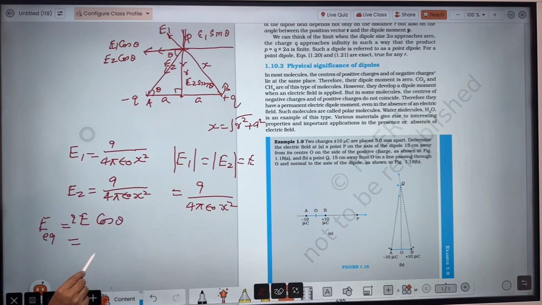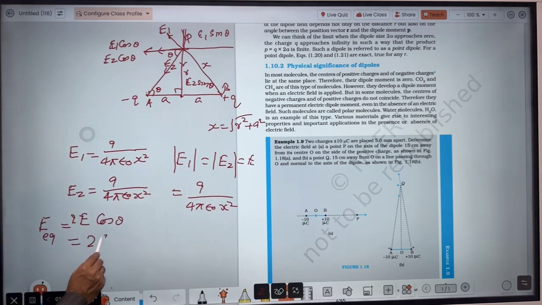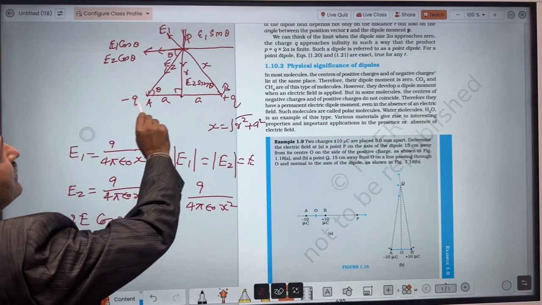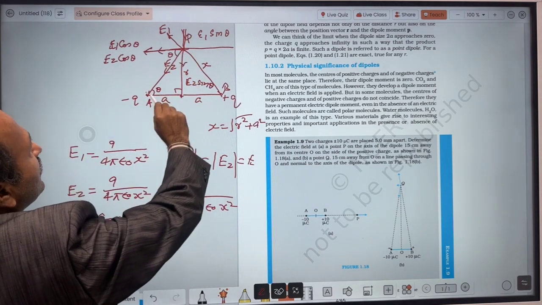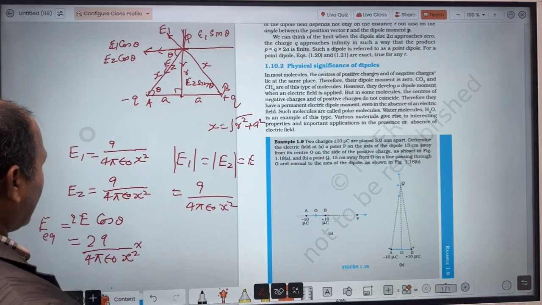Twice E means 2q divided by 4 pi epsilon naught x square into cos theta. Here, for theta, this is the base, this is the hypotenuse. The hypotenuse we have taken as x, so cos theta is a upon x.